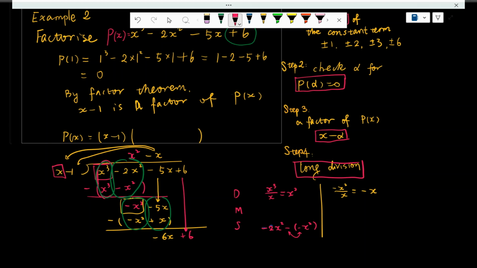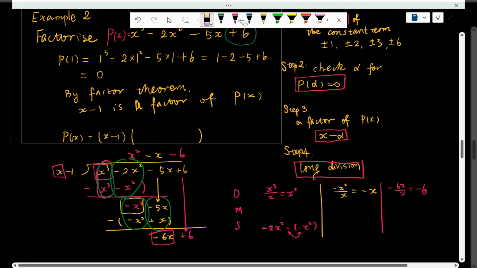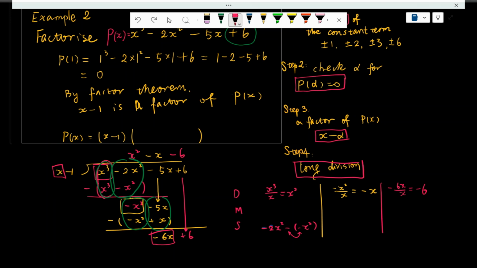Now the leading term is negative 6x. So negative 6x divided by x, we have negative 6. Therefore, record negative 6 above the horizontal line. Then multiply this back: negative 6 times x, negative 6 times negative 1.